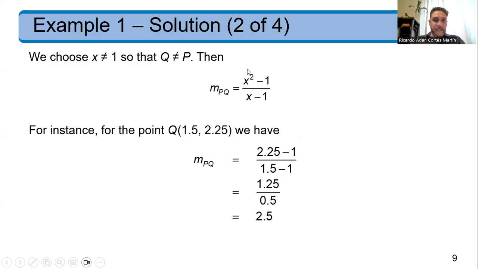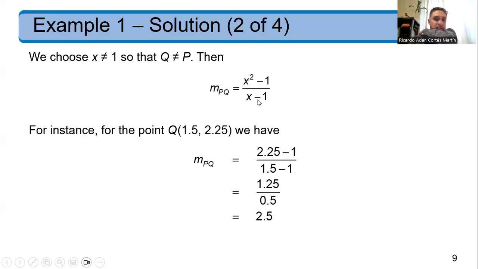In this case, the difference of the y values is going to be x squared minus 1, because this is the y coordinate of the upper point, and this is the y coordinate of the lower point.